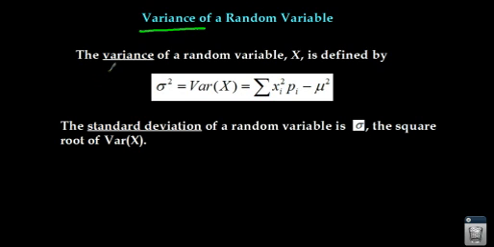So the variance of random variable x is defined by this. Sigma, that's what this little Greek letter is, sigma squared is equal to the variance of x, which is equal to the sum of x sub i quantity squared times the probability. So we're squaring that x value and multiplying it by the probability. Then we're subtracting from that mu squared, the mean, the expected value squared.